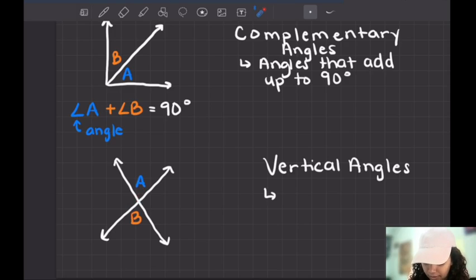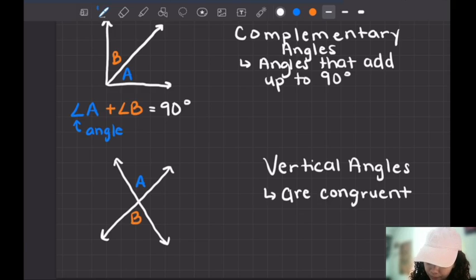So these are right across from each other. Those two angles would be considered vertical angles. And vertical angles are congruent, okay? That's a very important property about them. If you guys want to see the proof of why they're congruent, I'll go ahead and talk about it in my next video. Not plus, equals, okay? So those angles are congruent.